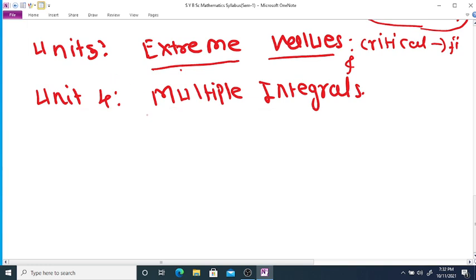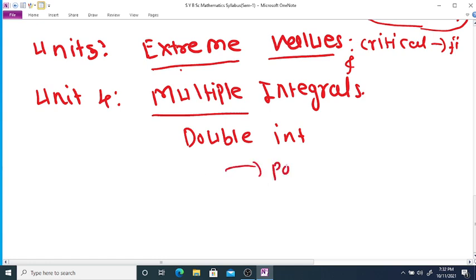In multiple integrals we are going to see the Fubini's theorem first, that is for double integral. Then also we are going to transform our double integral to polar form. Okay. Then next we are going to determine the area of closed region bounded by curves.